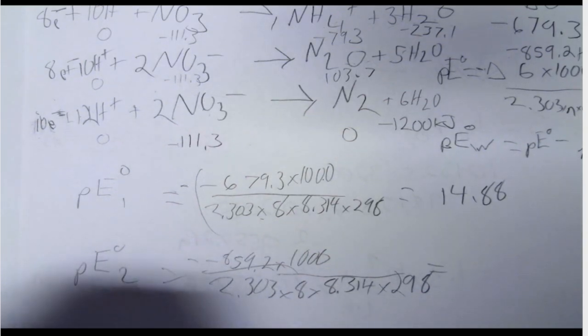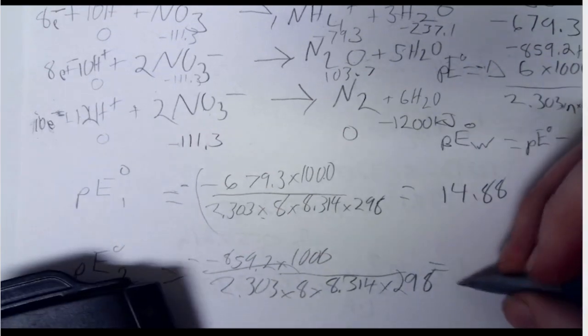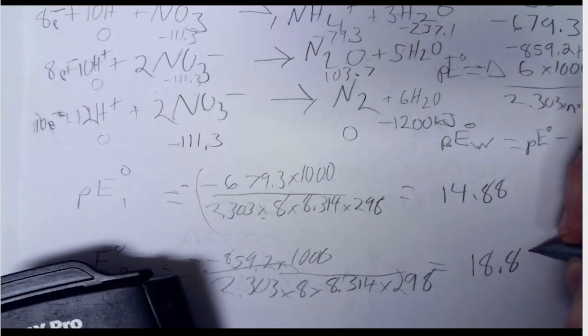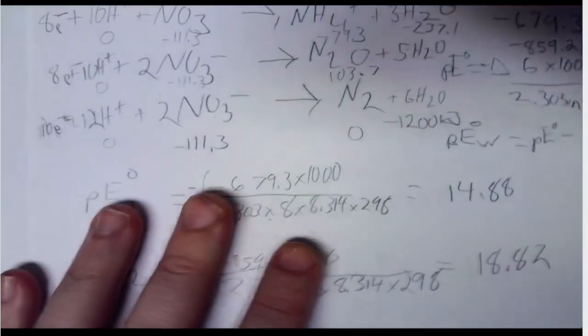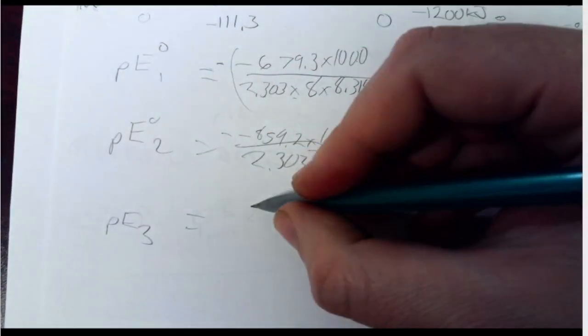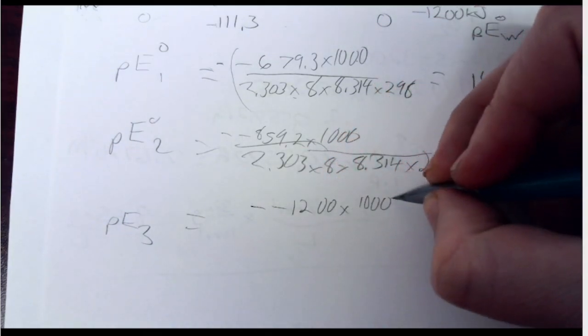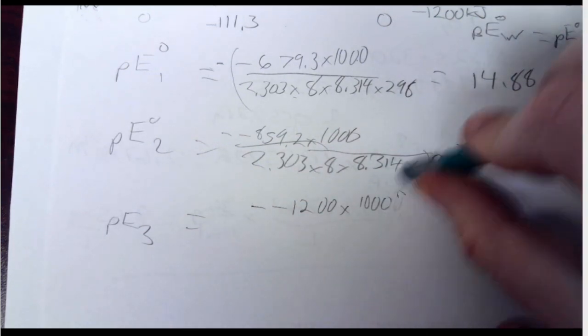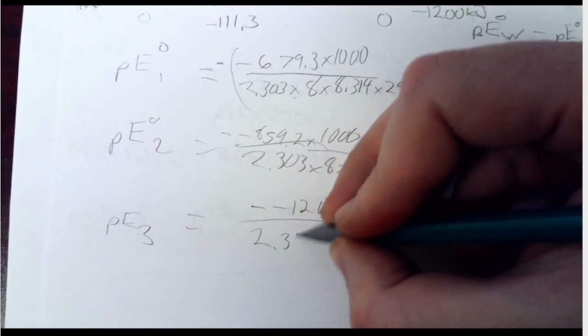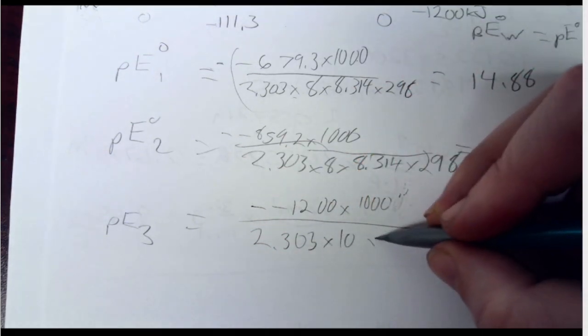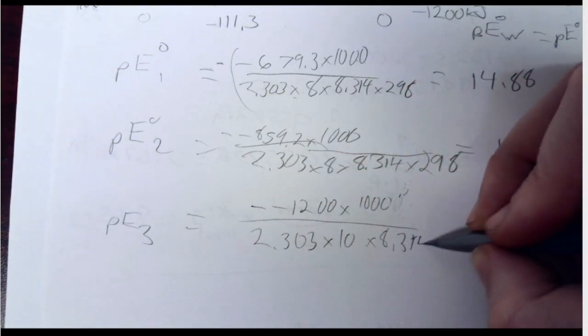That gives us an even bigger reduction potential. And our third one, negative of a negative 1,200 times 1,000 divided by 2.303, but now it's the 10 electrons, 8.314 and 298.